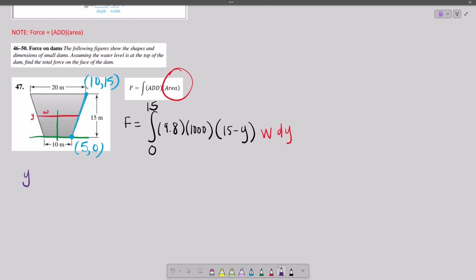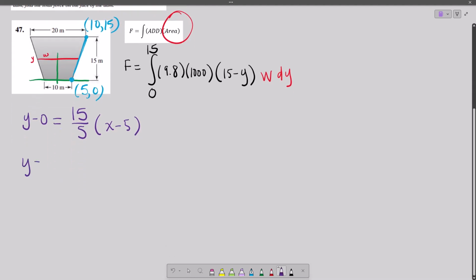So we're going to do y minus 0 equals the slope, the change in y over the change in x. The change in y between these 2 points is 15. The change in x is 5. So we go up 15 over 5. Then we have x minus 5. So there's point slope formula. This is going to be y equals 3x, so 15 divided by 5 is 3, and then we distribute, so we get this.